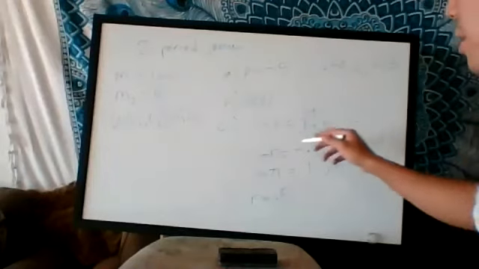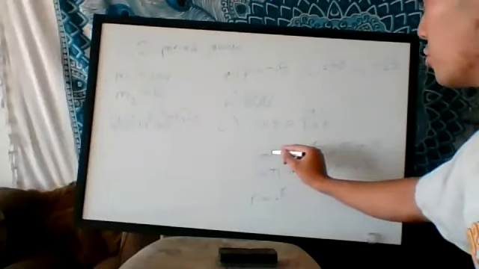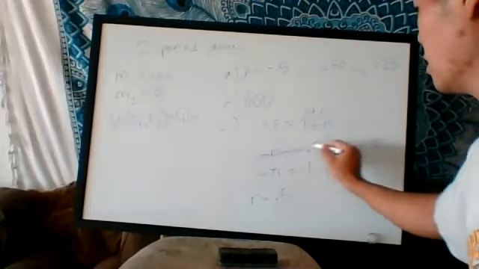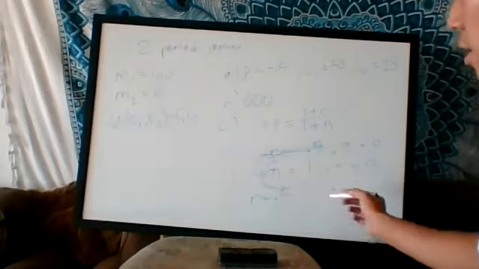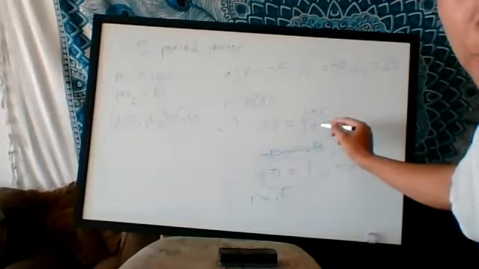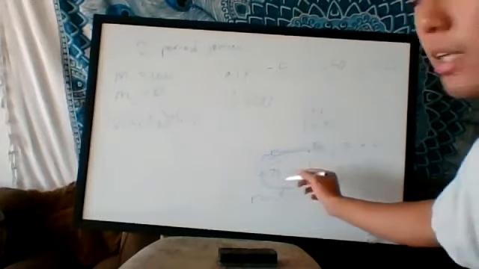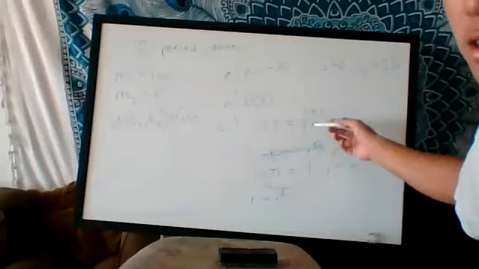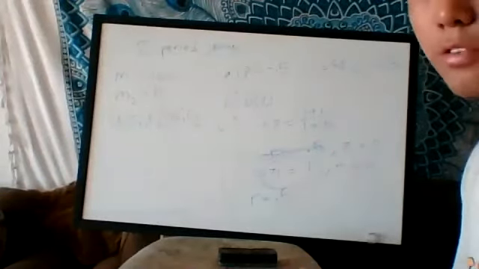Now, because of the options that we chose here, we want to assume that in part A we chose pi as being equal to 1, because now we have a value for r and we have a value for pi. Whereas if we didn't know that we could have used pi equal to 1, we would have been kind of stuck because we would have had 2 values for r and nothing for pi, and it would have been really confusing.